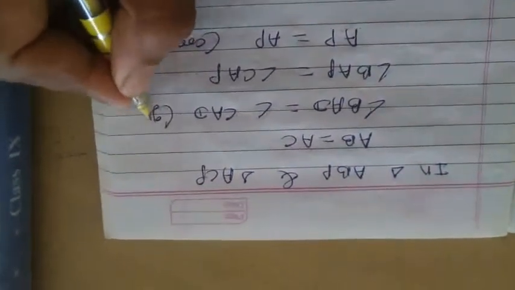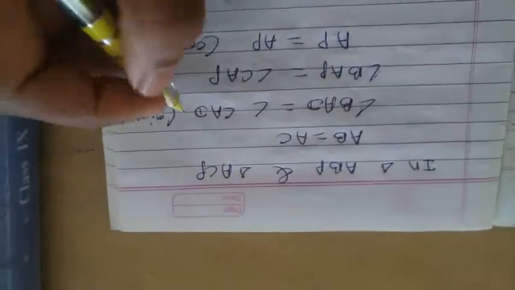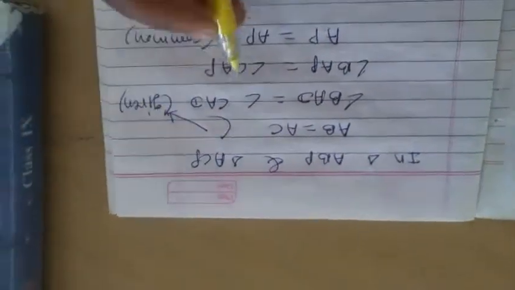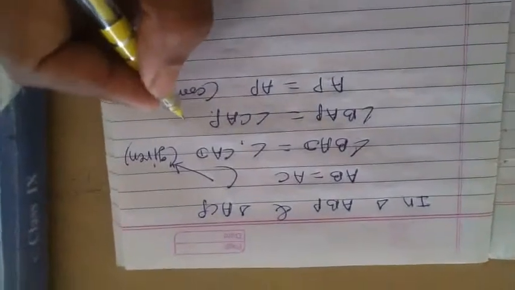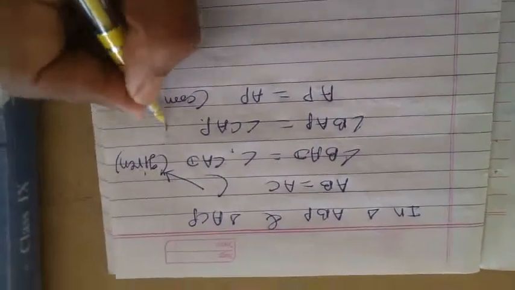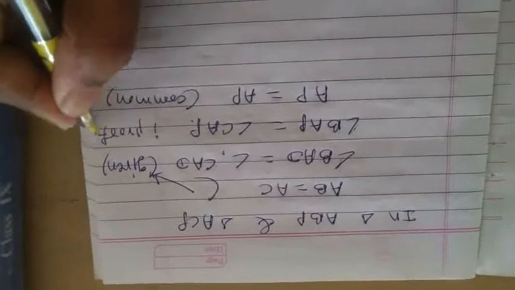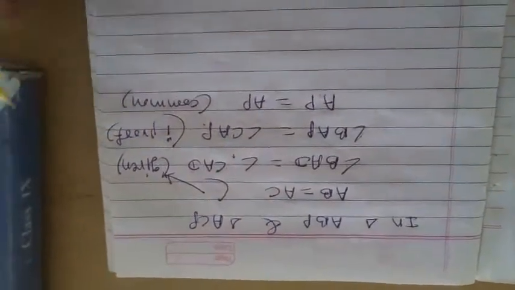It is given, this one given, and it is as per equation 1 or the first proof. As per the first proof, in CPCT we took these two angles as equal.